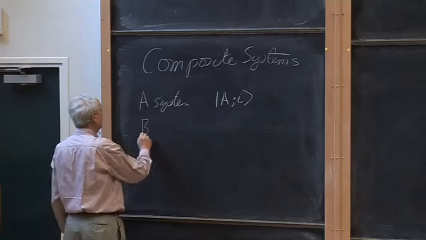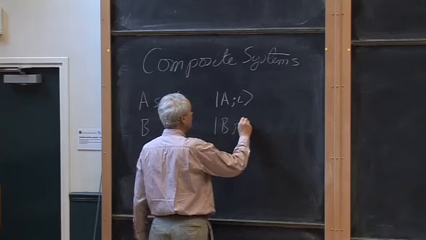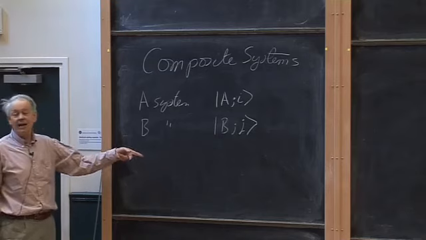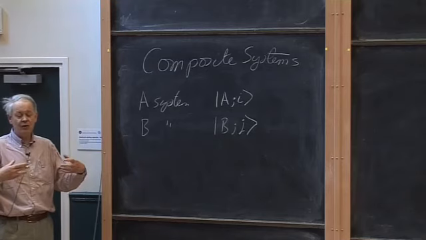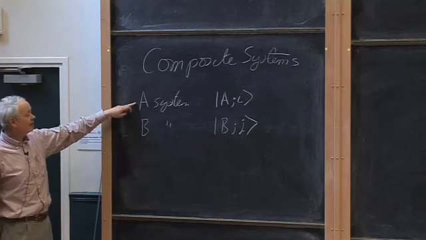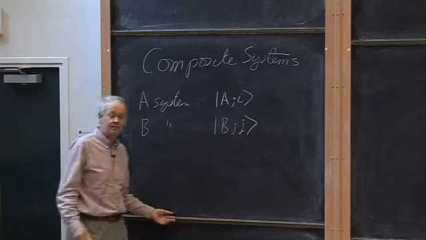And we have a system B, and it will have states something like B; j. What we want to know is, how are we supposed to write the states of the compound system, the system that you get by considering A and B together? This might be the electron, this might be the proton. What's the state of the compound system, which we call a hydrogen atom, for example?